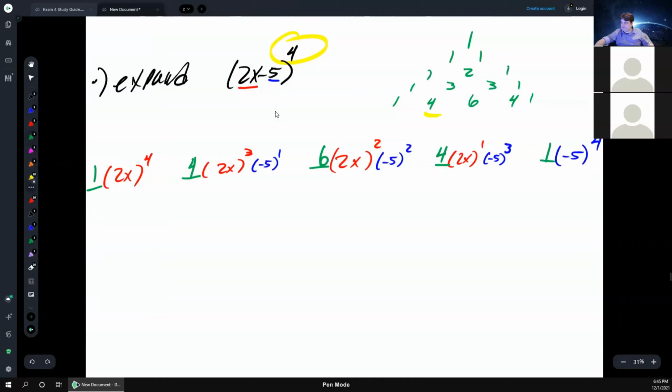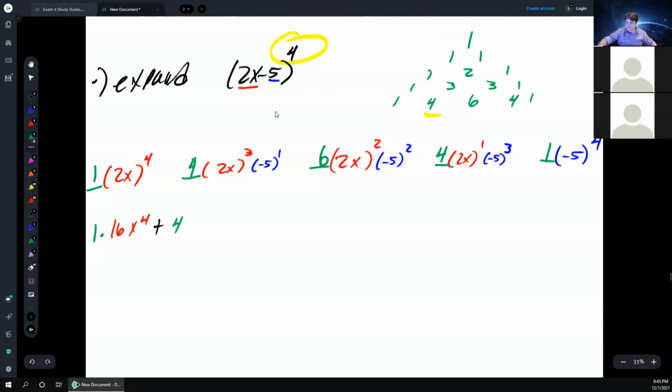Alrighty then. So now we're just going to work out these powers here. That's going to be 1 times 2 to the 4th, which is 16x to the 4th. Now I'll just write it here as a plus for right now.